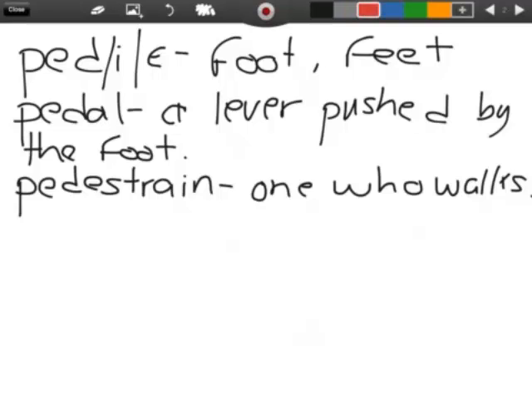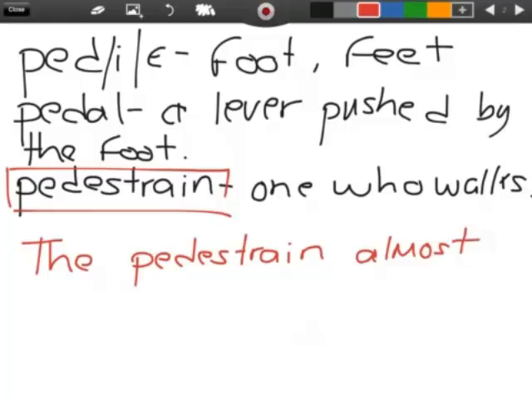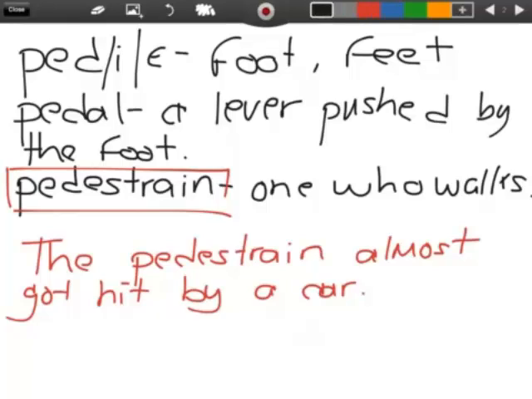I'm going to go ahead and use pedestrian in a sentence. I'm going to read that to you. The pedestrian almost got hit by a car.